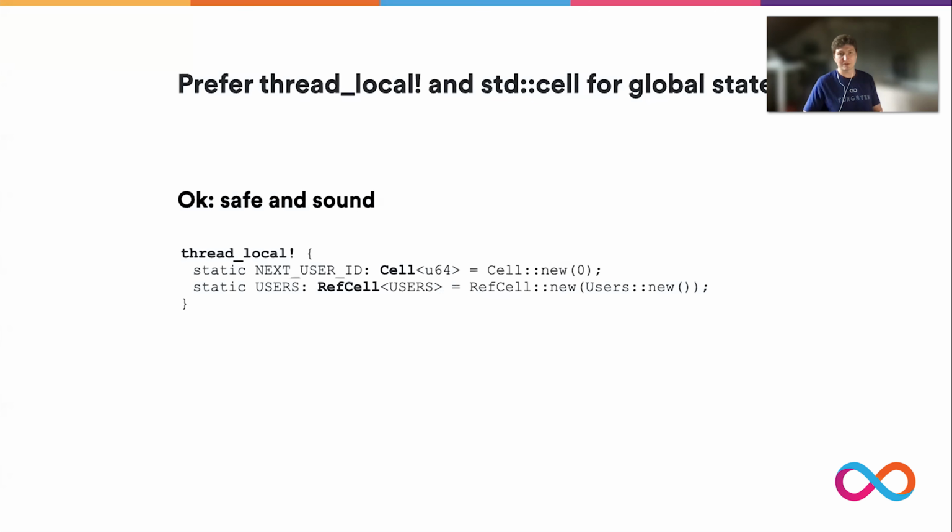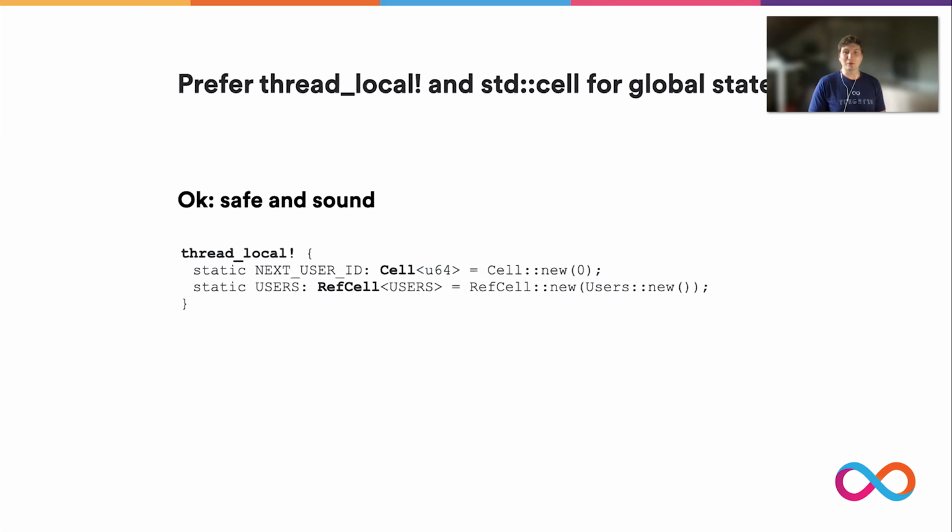You only expose methods which are called automatically by the system when you receive messages. You need to have some place where you keep the data between the calls. And because calls are global functions, the state has to be global as well. And the first question is, okay, how do I define a global variable in Rust?